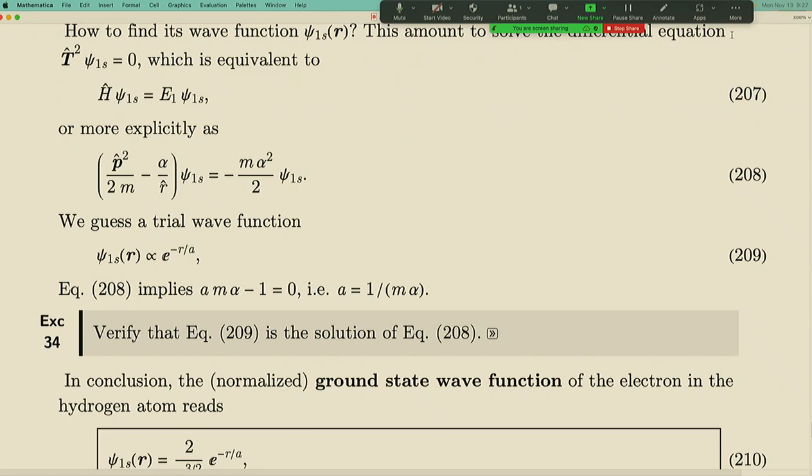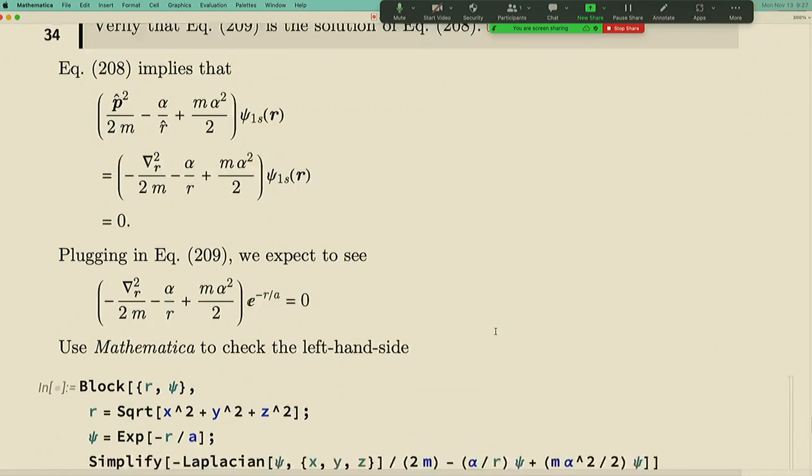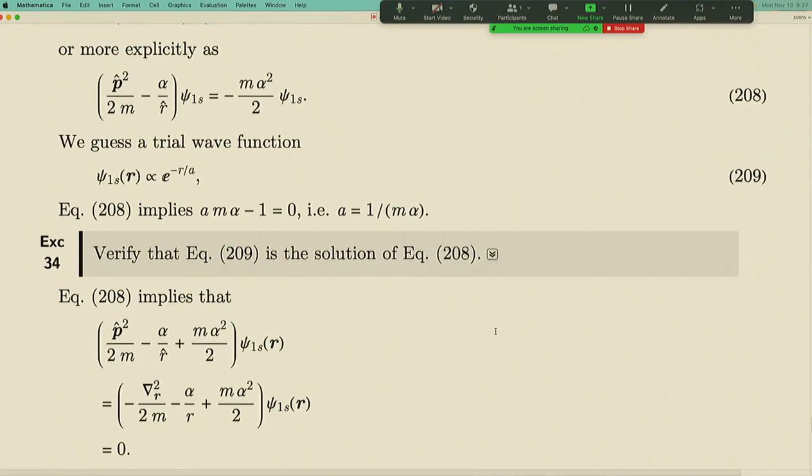We can also show that in order for this equation to hold, there's a constraint for a: a must satisfy such an equation, which means a is 1 over m times alpha. There's an exercise you can look up for details. The idea is very simple: just substitute everything in, and maybe you can use Mathematica to help you finish the calculation.